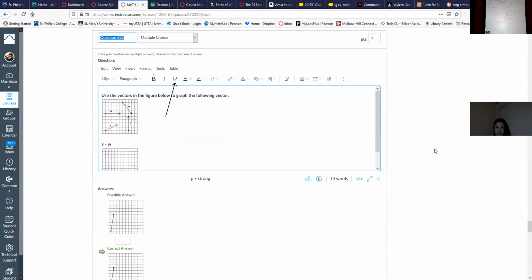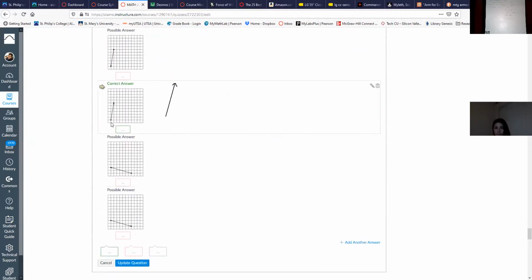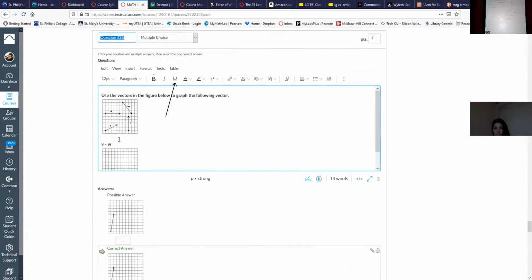So the one that looks most like it is this guy. So what I recommend when you do these is just graph the two vectors side by side or connect them together and then decide what operation they want to do. Minus just means you flip direction, opposite direction. So like if it's minus Z, it'd be going straight down instead of up.